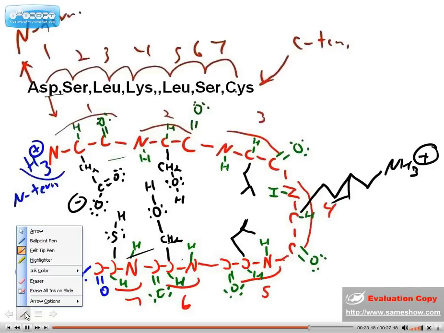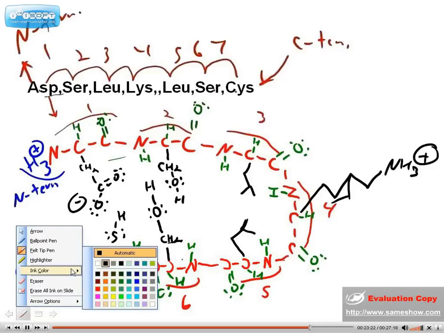Now, the next thing I'll do is I'll ask you to name some characteristics. I've designed the characteristics so that if you draw the hairpin polypeptide in this format, you should be able to show these characteristics pretty easily. I will usually ask you to indicate what is the dominant intermolecular force.